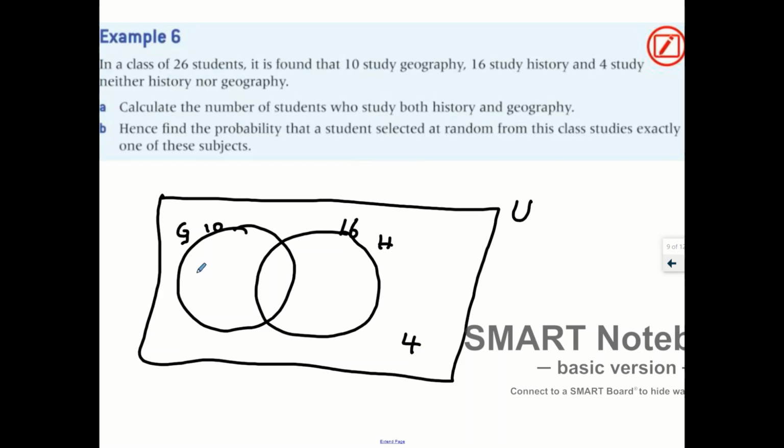So if we say there's x here, so this one would be 10 minus x, and this would be 16 minus x, because this whole circle has to add up to 16, this whole circle has to add up to 10, and then we know that 10 minus x plus 16 minus x must equal 22, because it's 26 minus 4, isn't it?